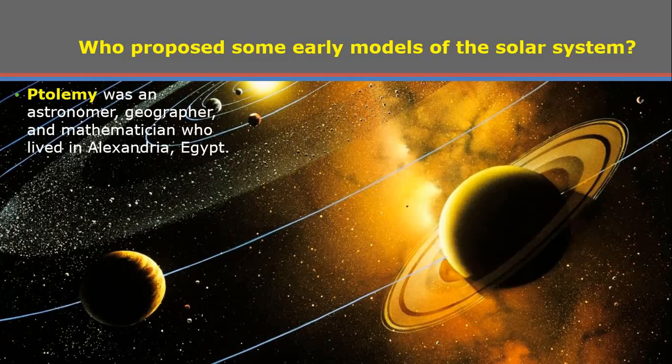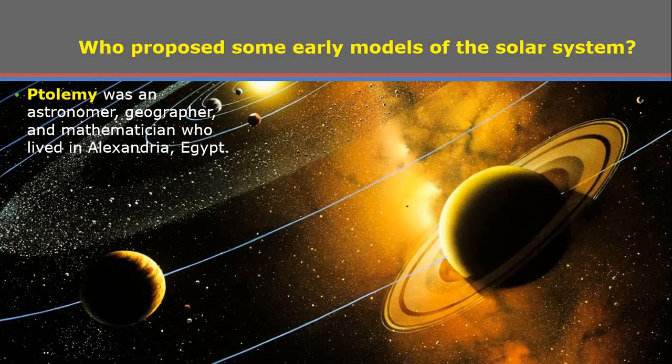He was also like a bookworm, if you want, and he gathered information and observations about all the planets that scientists ever studied before his time. He went back as far as 800 years before his time to gather all that information and all the observations about planets, and he put them down into one single model, the geocentric model.